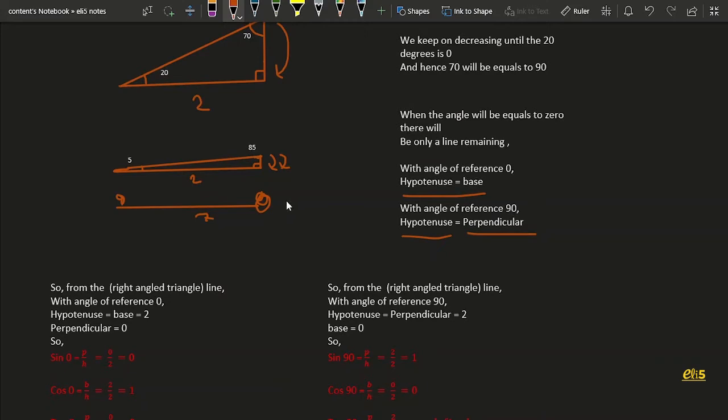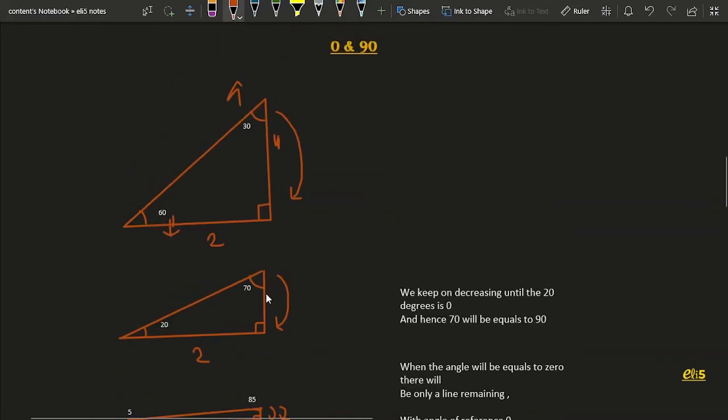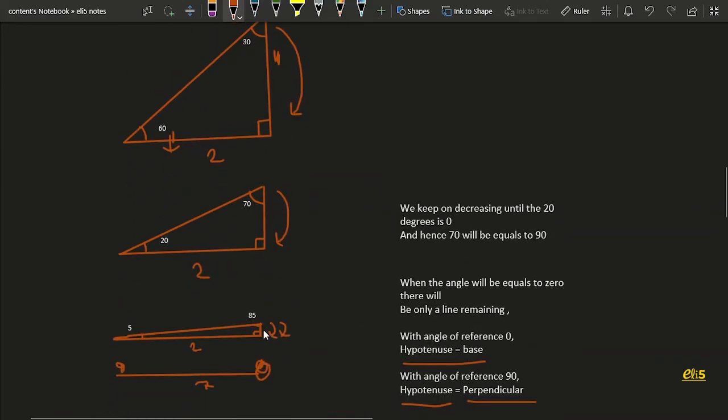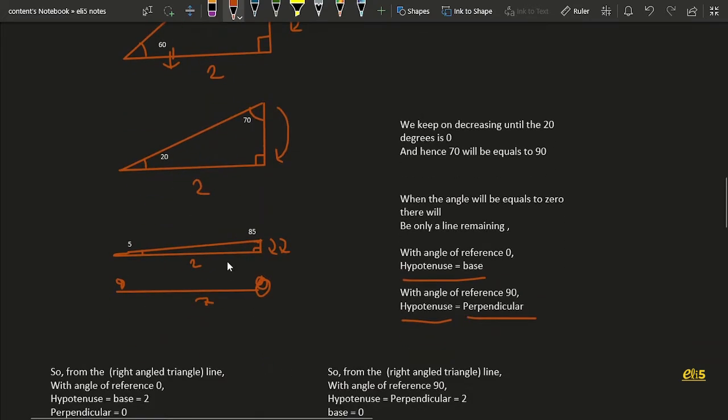And the perpendicular, as you can see, has converged so much. At first it was very big, then it became small, and here it is very small, and at this point, since hypotenuse and base are overlapping, perpendicular will be equal to 0.